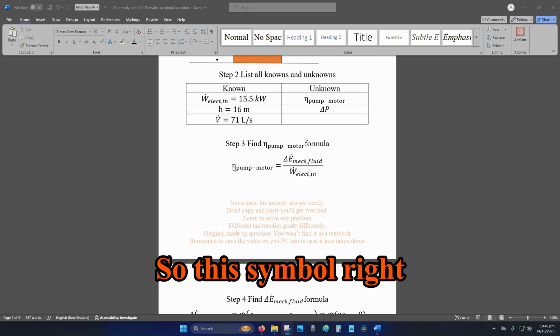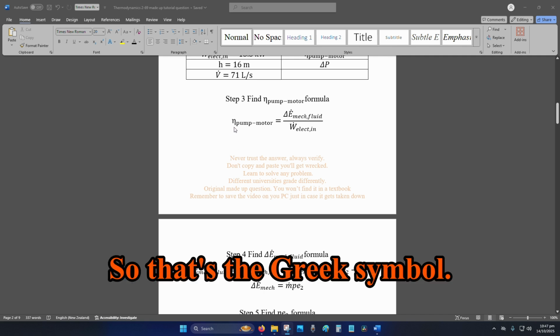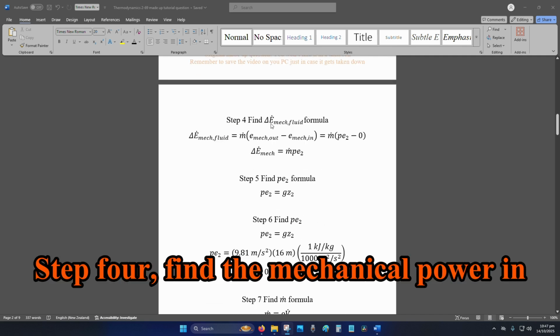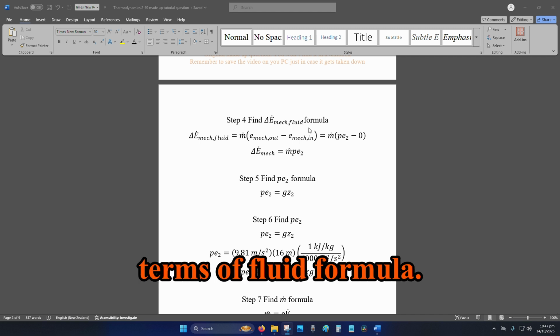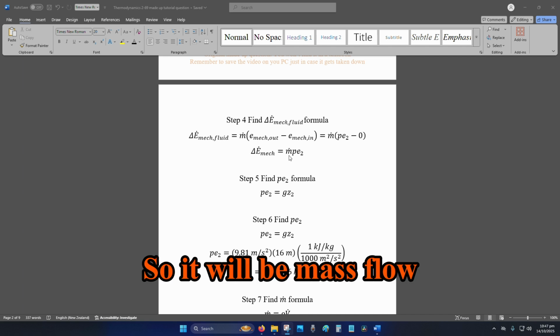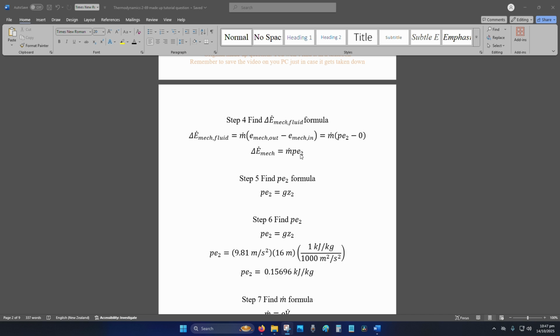This symbol right here is eta for efficiency, the Greek symbol. Step 4, find the mechanical power in terms of fluid formula. So it will be the mass flow rate multiplied by the specific mechanical energy.